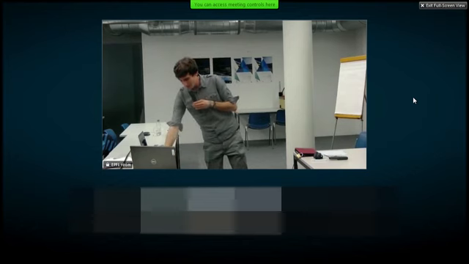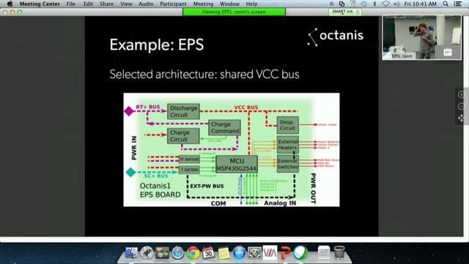We had that concept that was inspired from the SwissCube satellite, because I remember Quentin worked there for his master thesis, and he got inspired from this particular architecture that implied having a shared VCC bus. So you had your 3.3 volts that was fed to your system, and directly connected to that were the solar panels and the battery.